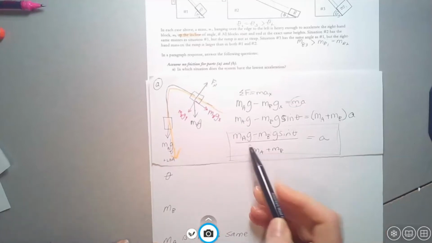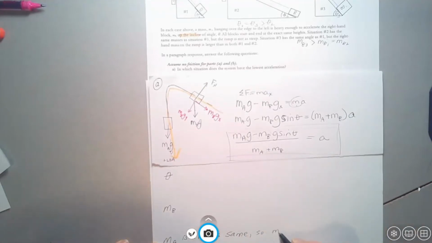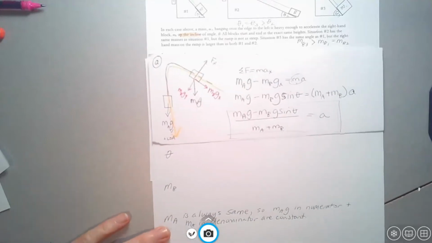So we're not going to be changing this term here or that term, right? So MAG in the numerator and MA in the denominator are constant. Now that might seem like no duh, but it's kind of useful to state.